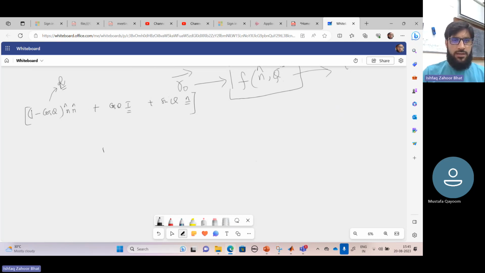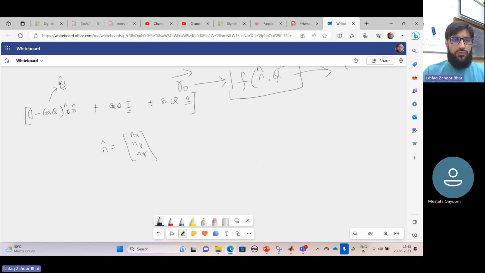So we have this n, where n is a unit vector about which we are going to rotate this R naught. So it will have three components: nx, ny, and nz.